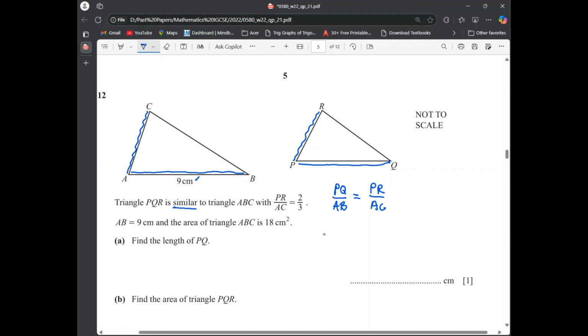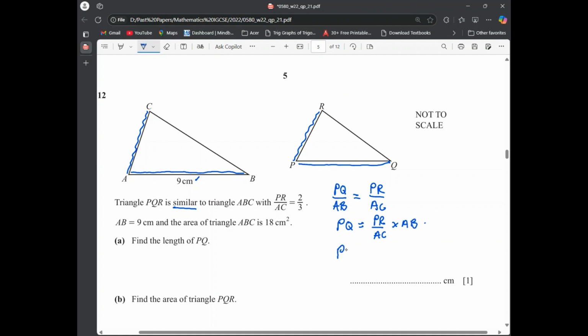In other words, guys, I'm going to multiply both sides by AB. PQ equals PR over AC multiplied by AB.